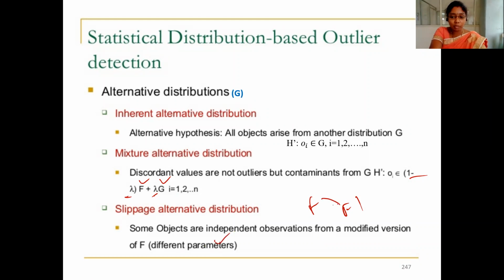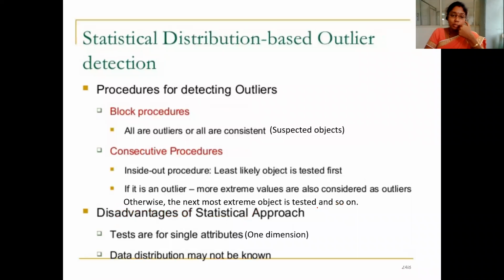That means this is also the same distribution, a slightly modified version of F. Maybe the parameters may change, the mean value may change, or the standard deviation may change. But this is not a different distribution. So this is all about the alternative distribution.